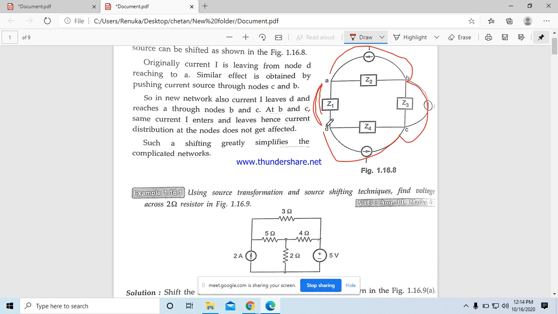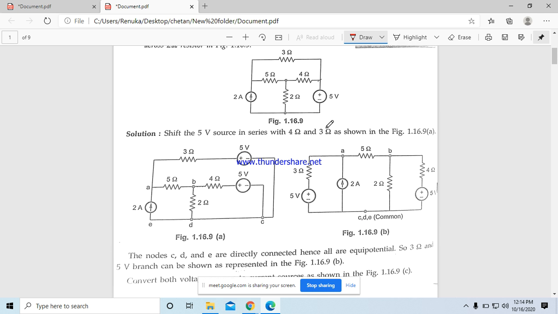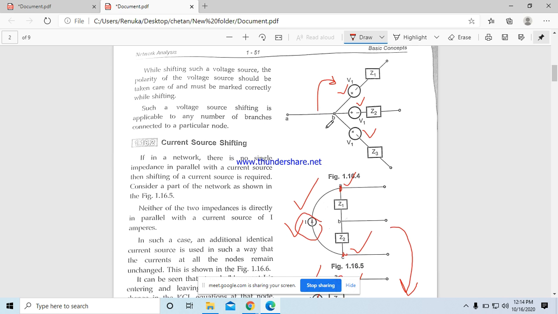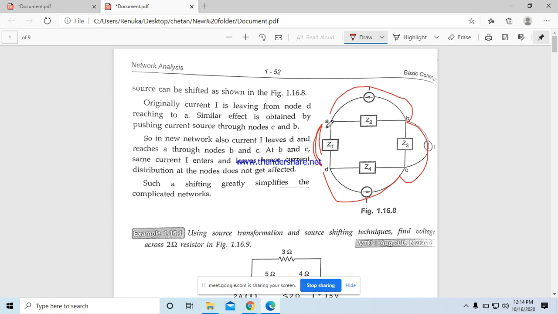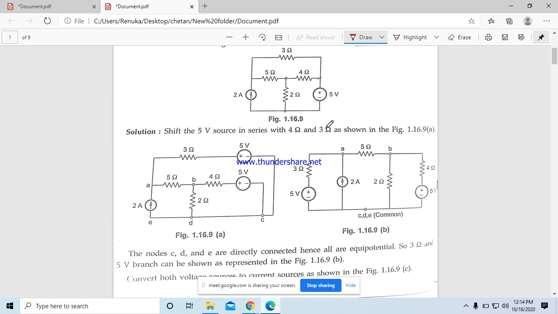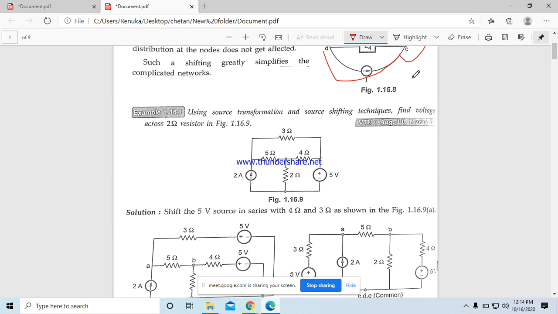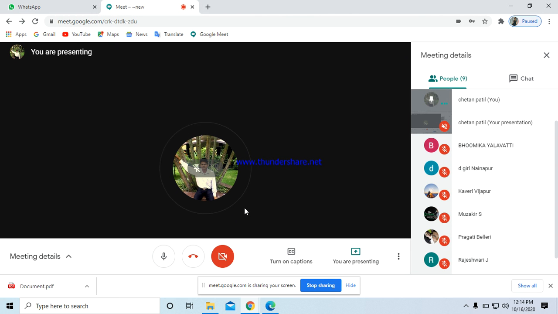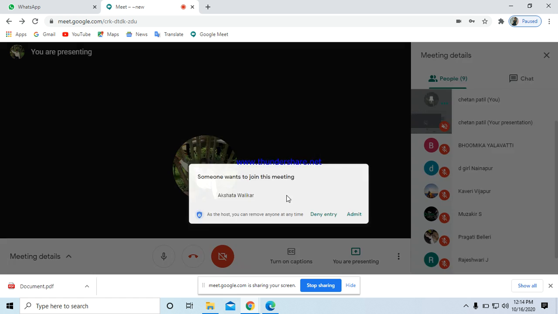With respect to this one, we can solve a few more problems. Okay, tell me whether in last class we have discussed all these problems or not. Yes, whether we have discussed this concept in last class or not. Tell me, any one of you, voltage shifting and current shifting, whether we have discussed or not.